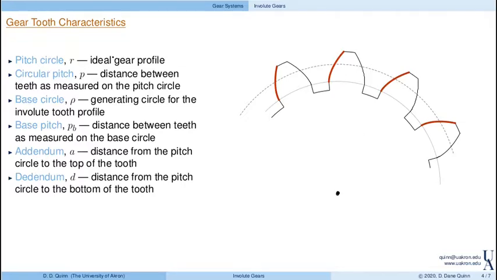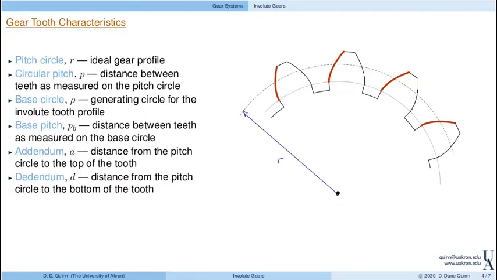If you think back to our initial discussions of gears, ideal gears are like circles that are tangent. So the pitch circle radius is the radius of that ideal gear, maybe from here to here. So that's going to be R.